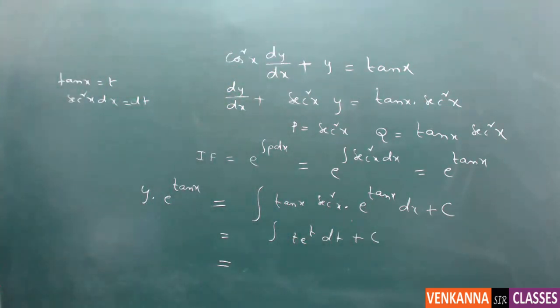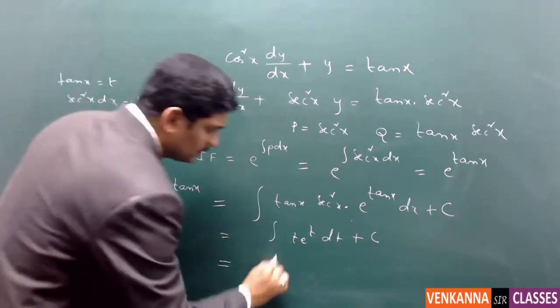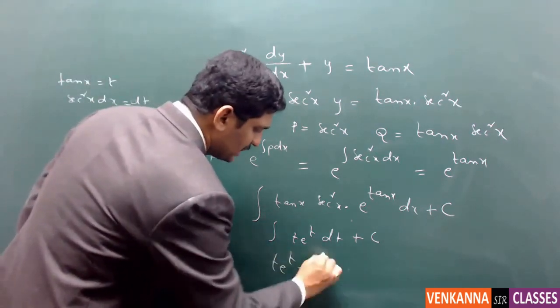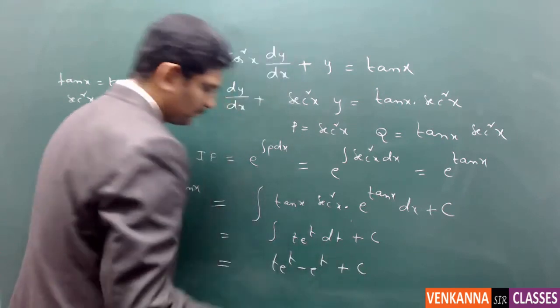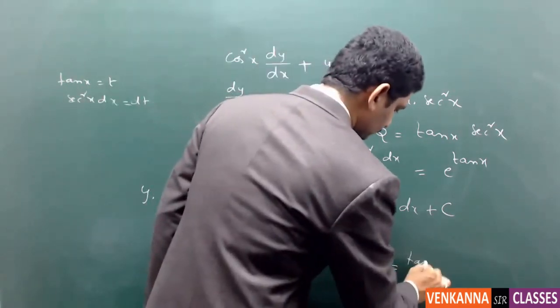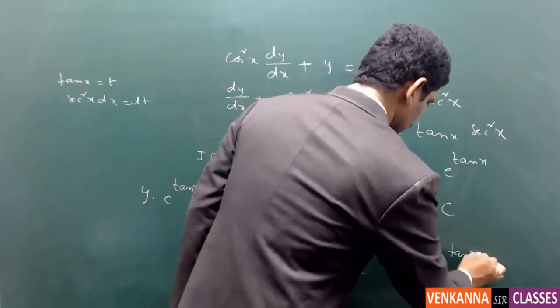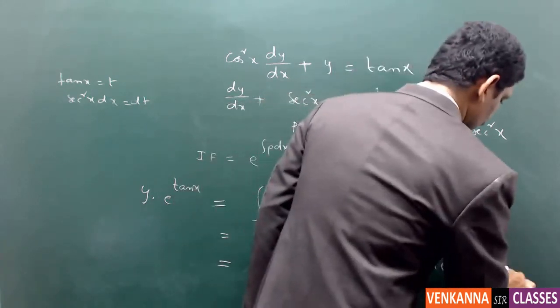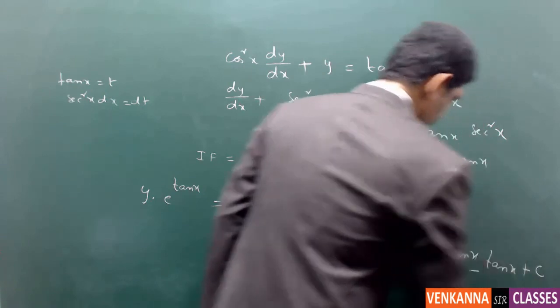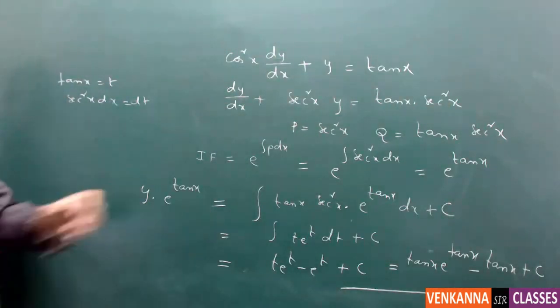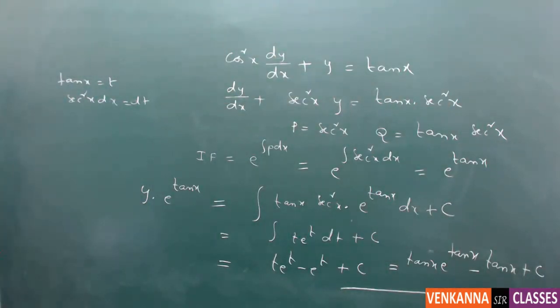And you know the formula for this one, it is t e power t minus e power t plus c. So that is the general solution. You can also take tan x common: e power tan x minus 1 into tan x plus c. That also you can write.